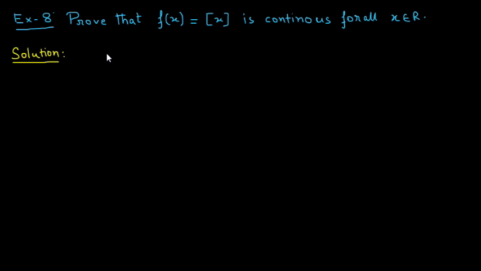So example 8, prove that f(x) is equal to the greatest integer of x is continuous for all real numbers.